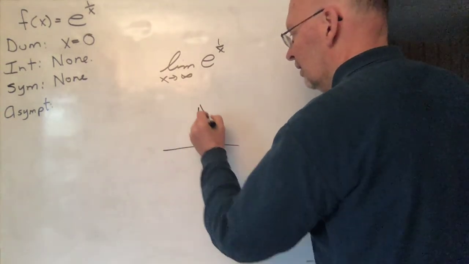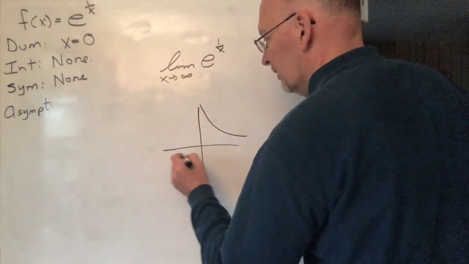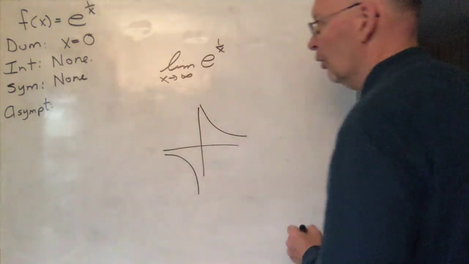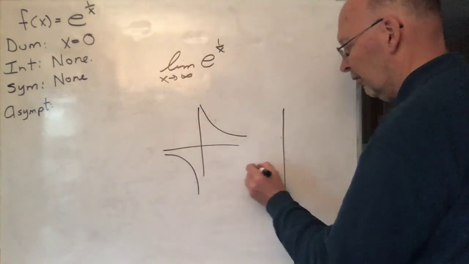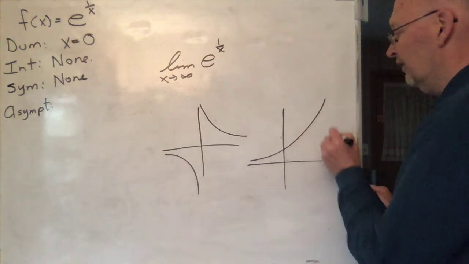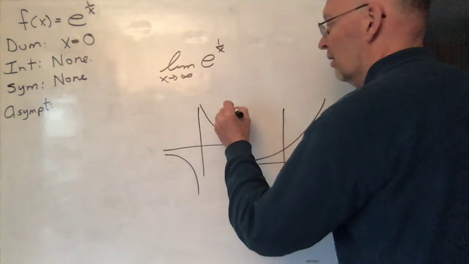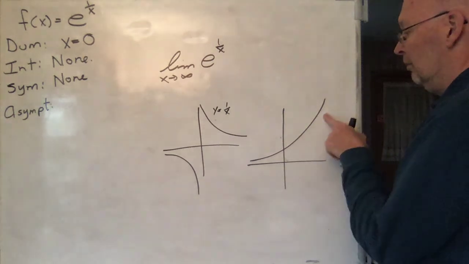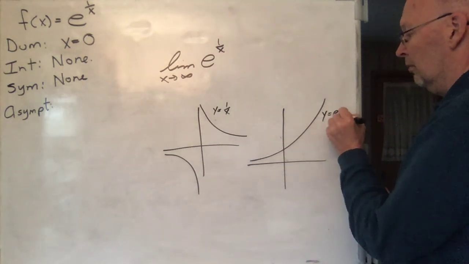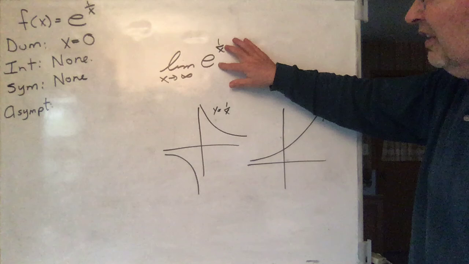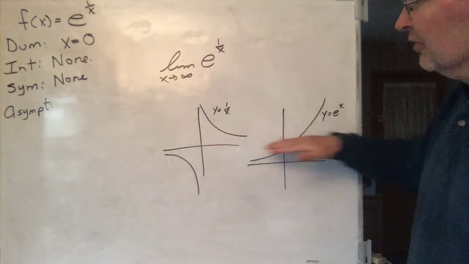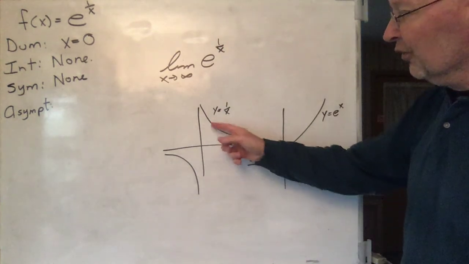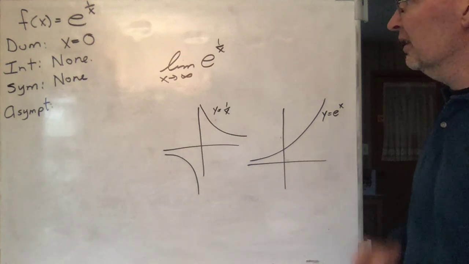I've taught this problem many a time. Here's the graph of 1 over x, and here's the graph of e to the x. Okay, so we're putting these two together. This is the composition of these two things.